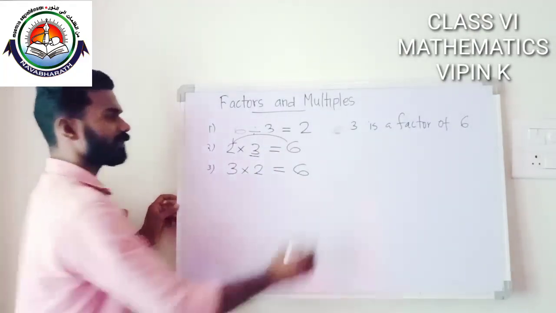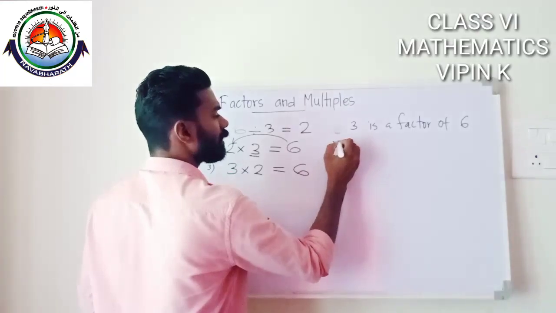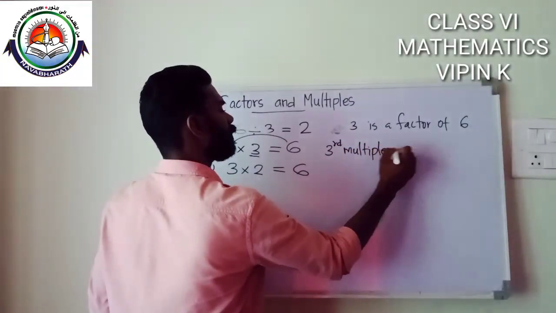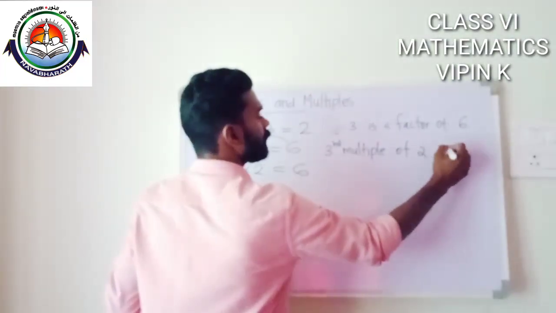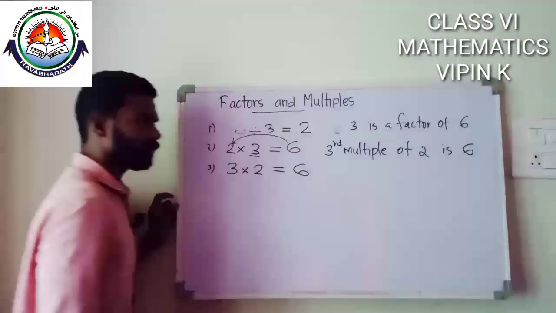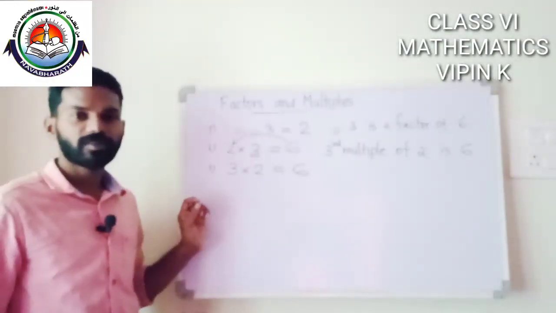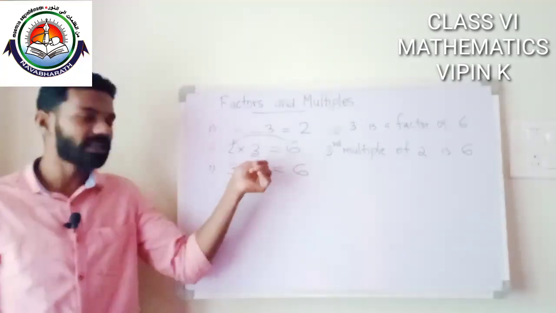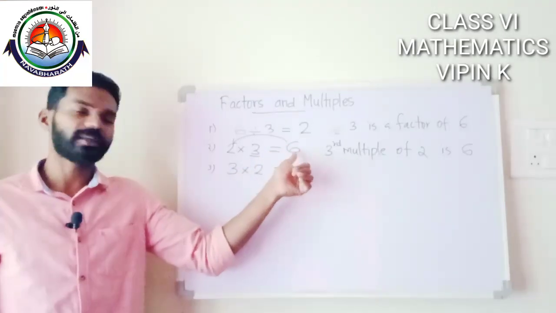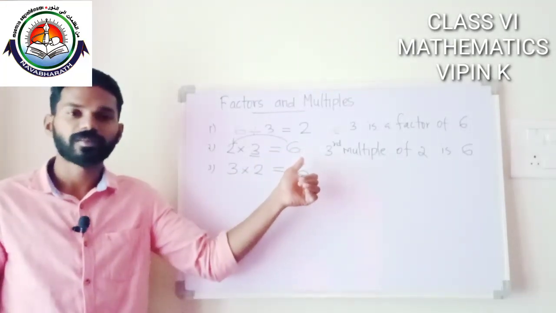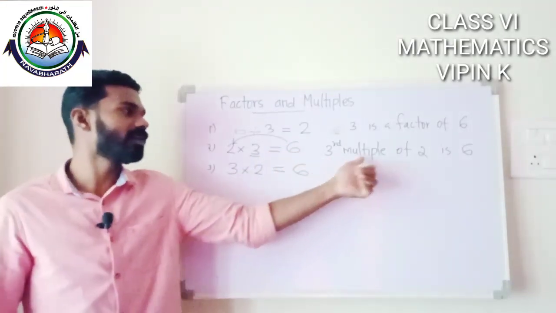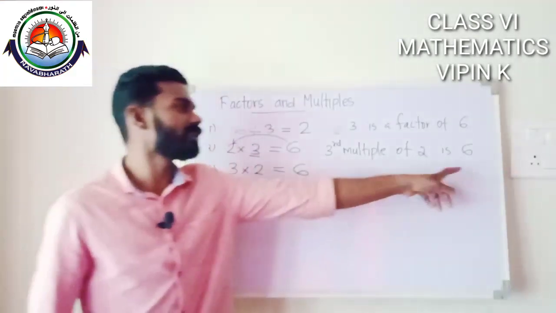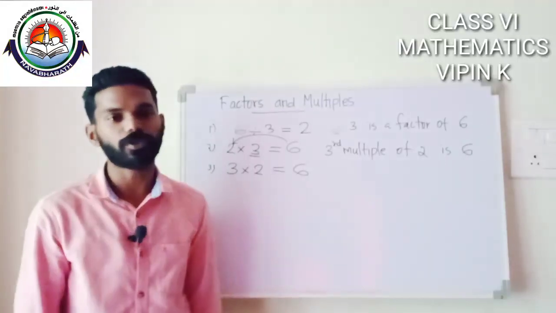We can say that the third multiple of 2 is 6. What does it mean? Third multiple of 2 means 2 is multiplied by 3, then we got the answer 6. Or simply, 6 is a multiple of 2.